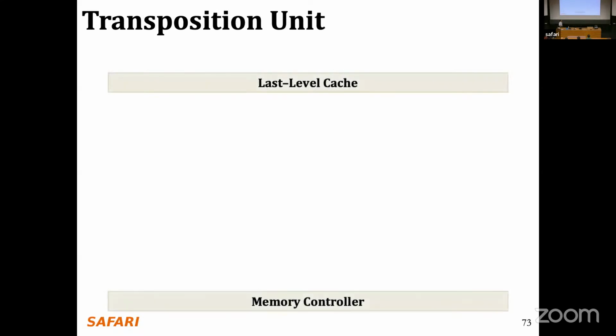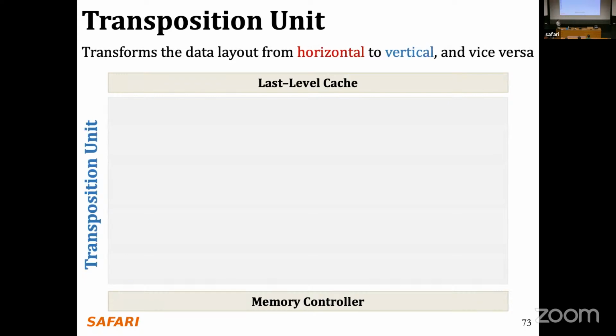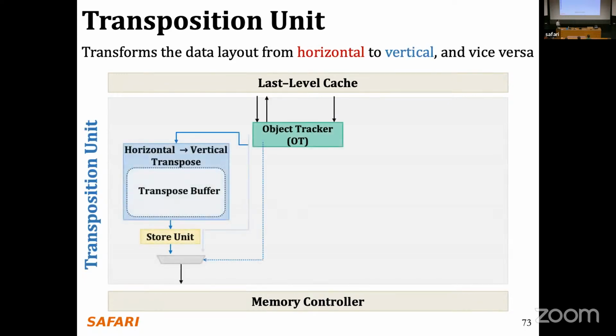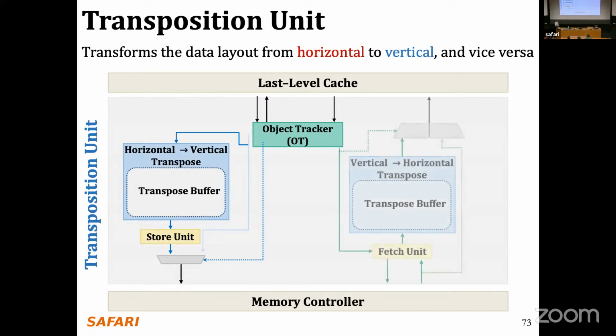To do that, we devised a transposition unit that sits between the last level cache and the memory controller, which first tracks only the memory addresses or memory objects that are going to be used for processing using memory operations. When those memory objects are encountered, it transposes the data in hardware and stores it in DRAM in the transposed manner.